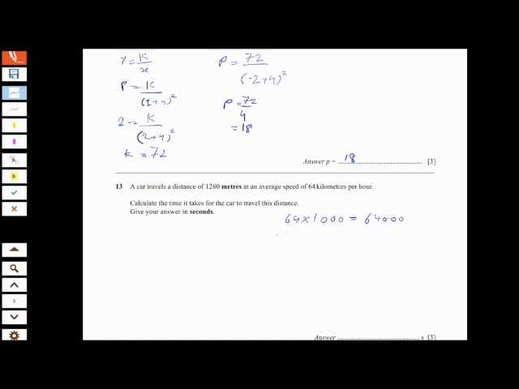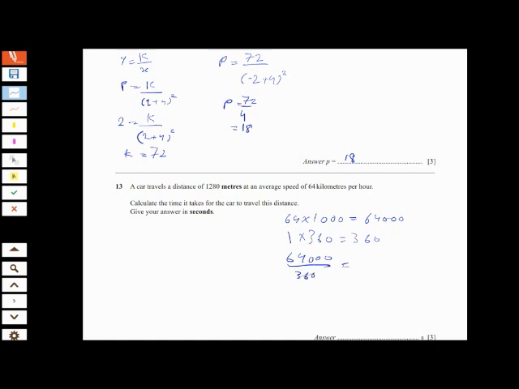And the time is 1 hour. How to convert 1 hour to seconds? You multiply by 3,600. So the seconds, 1 times 3,600, that's 3,600. Basically here, 64,000 over 3,600.